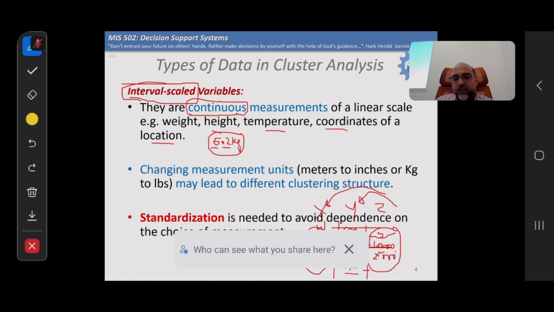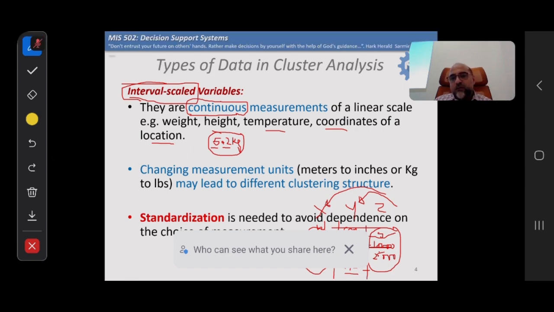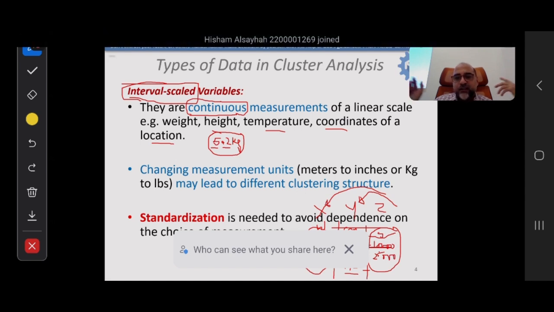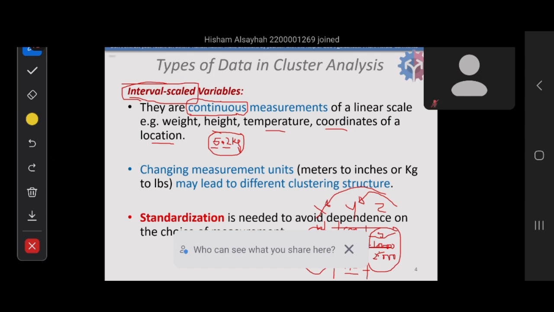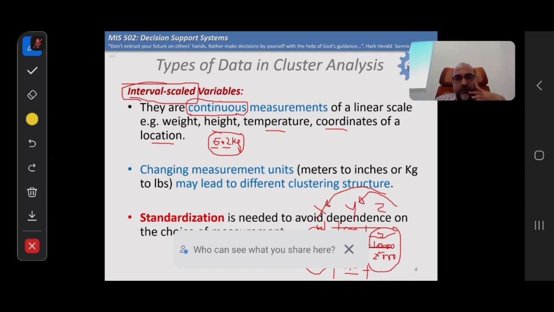So Z is in tens of thousands, so the scale is much higher. If you have a scenario like this, then in clustering, those bigger scale numbers tend to dominate in creating clusters, which is the problem. Because I wanted to give equal weight to the weight, the height, and the salary. So do you understand the problem we are facing? Yes, their scale has to be the same for them to be of equal weight.